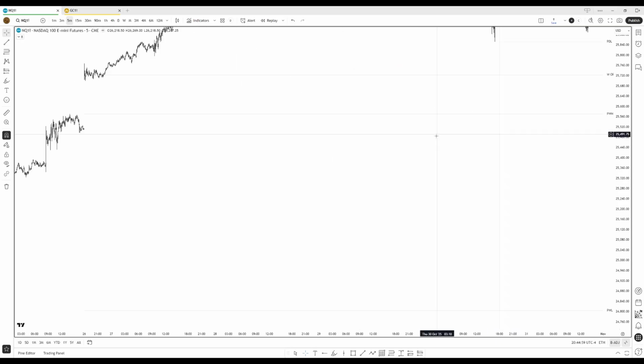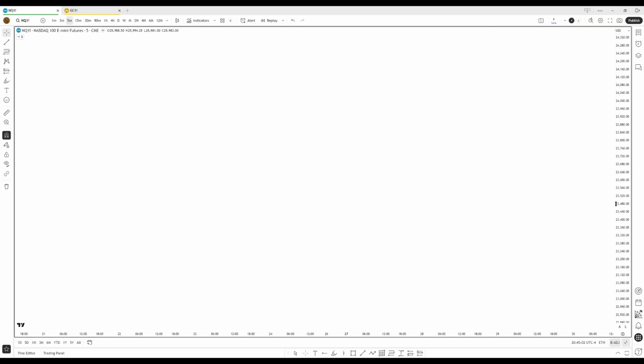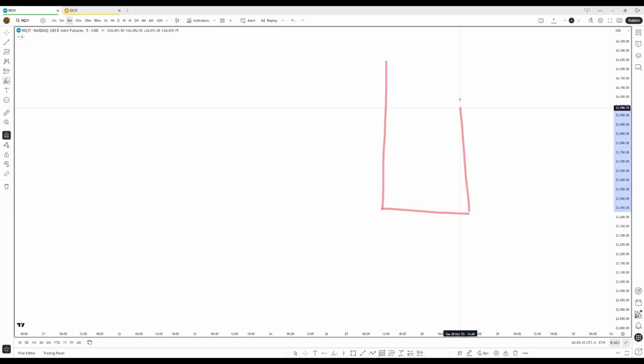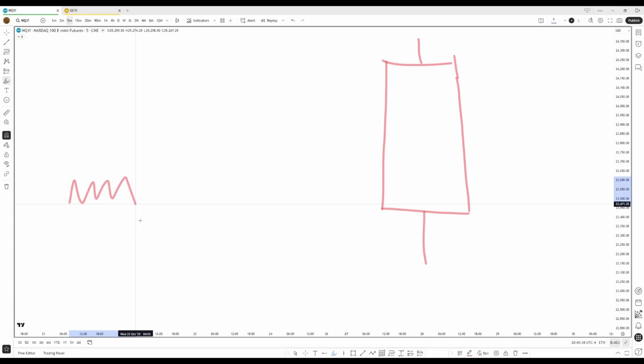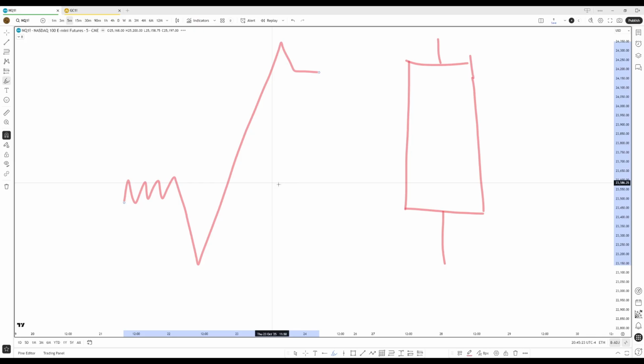Okay, so, a rough schematic. Rough idea, right? So can you tell me what phase of price this is?